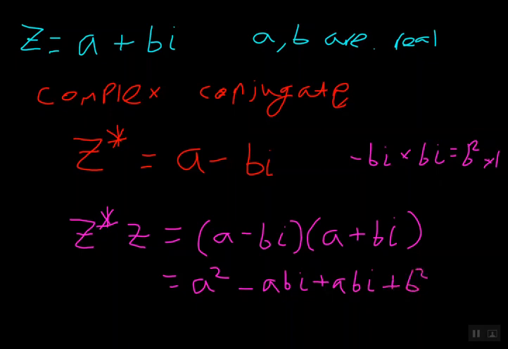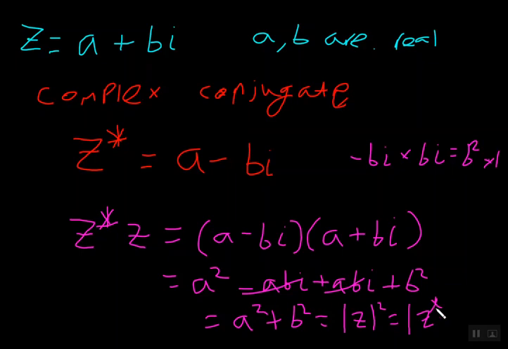But we notice negative abi and positive abi cancel out, and this is a squared plus b squared, which happens to be the absolute value of z squared, which is also the absolute value of z star squared.